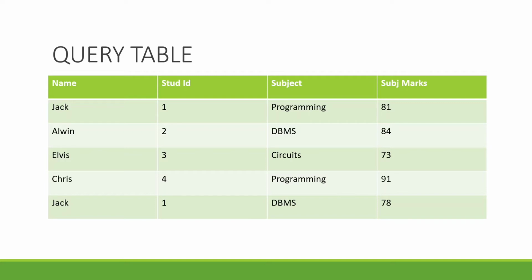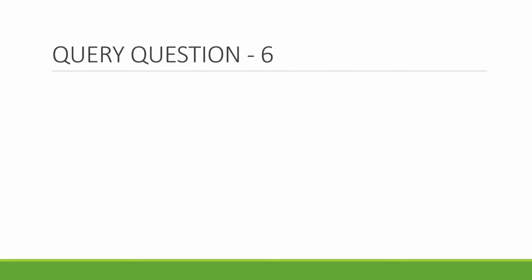So the total marks of programming become 81 from Jack and 91 from Chris, which equals 172. Similarly, other subgroups are also created. So we are grouping different subjects and creating smaller groups inside the subject column. You can clearly see that the GROUP BY command will be used.